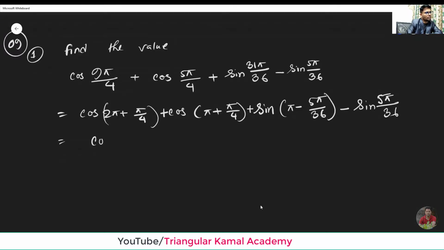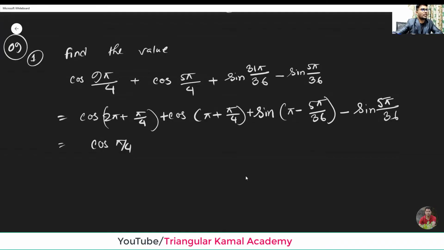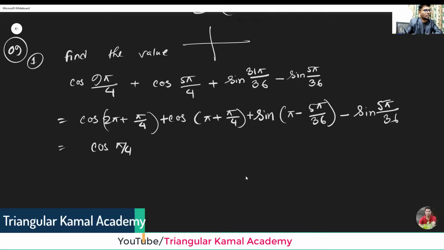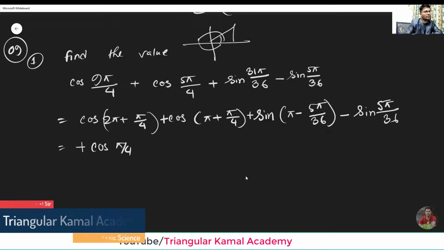So here no change of the cos. This one will be cos pi by 4. So now review the coordinate system. So if we see here, there is twice pi plus something, first quadrant, all are positive.